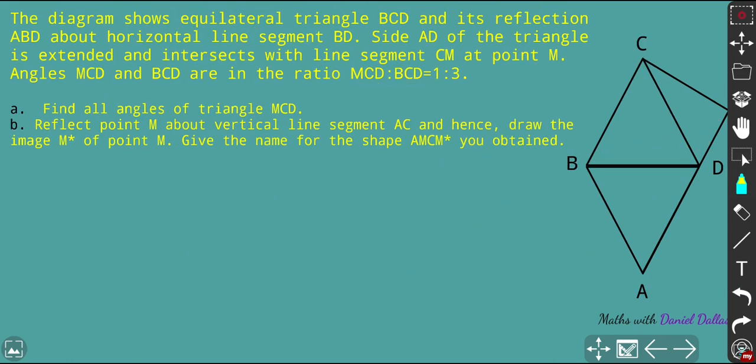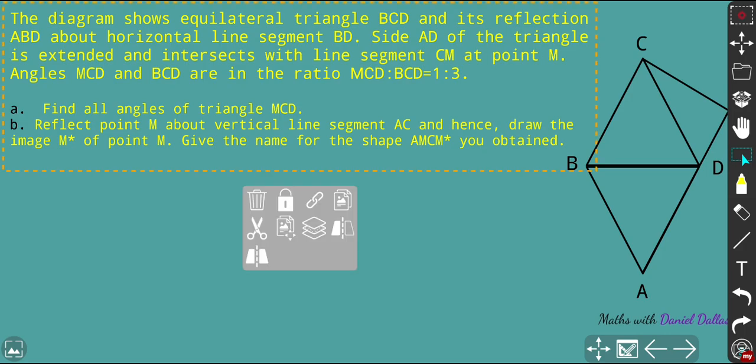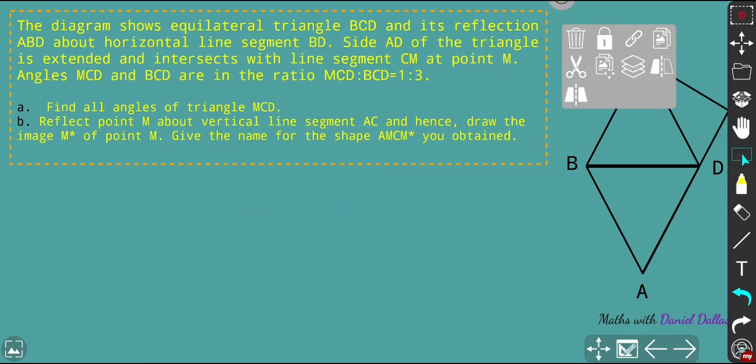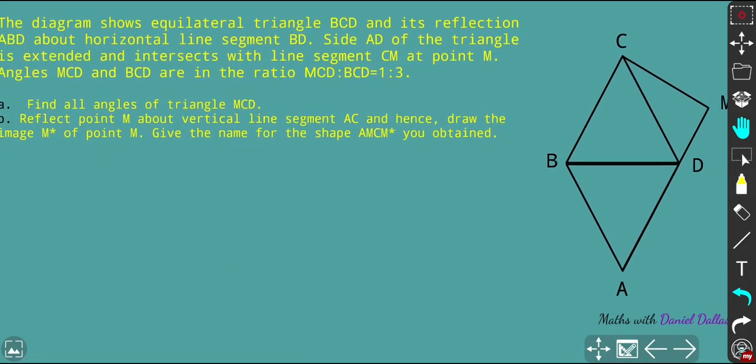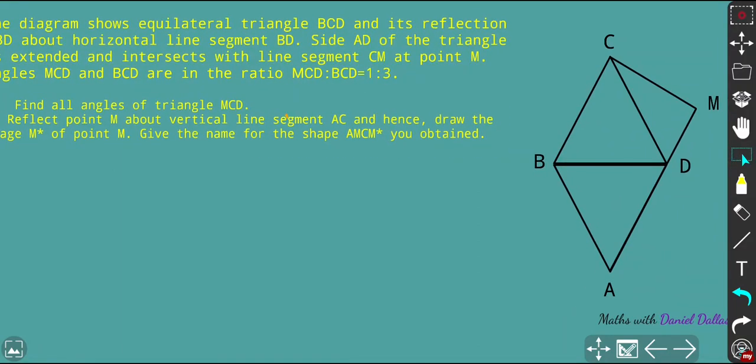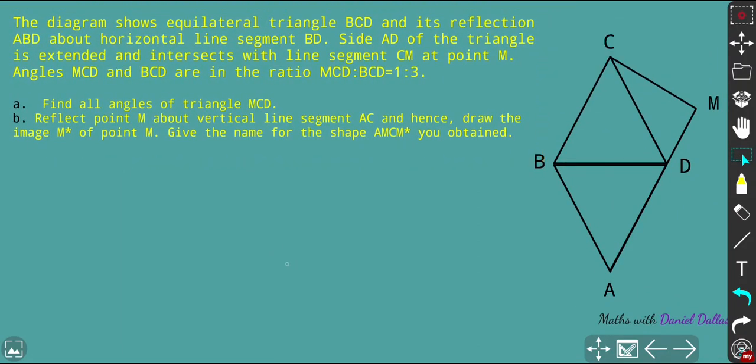In part B, the question is all about reflection. Let's have a look at that. I just squeeze that and also shift it this way, that's good. In question B, we need to reflect point M about the vertical line segment AC.